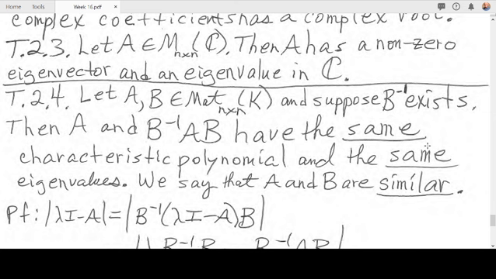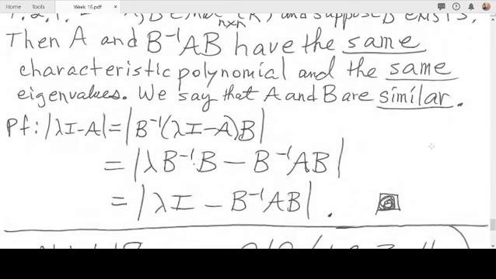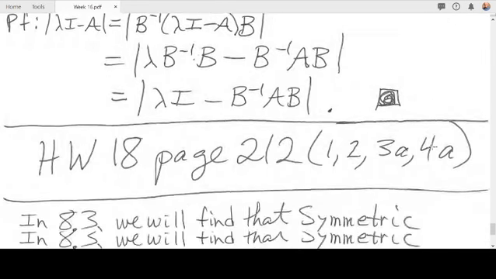We say that the two matrices A and B inverse AB are similar to one another. This is the definition of similar matrices. Two matrices, A and C, are similar when they have this relationship, C equals B inverse AB. And the proof you can see, which is easy to follow.